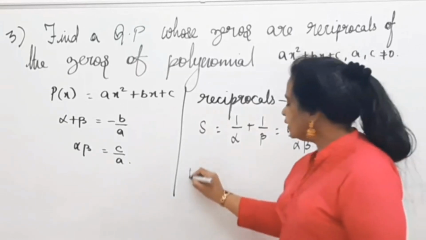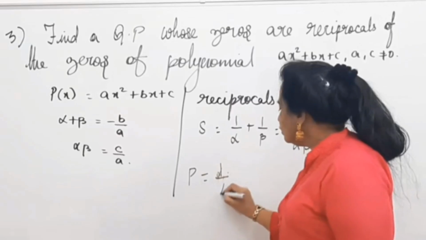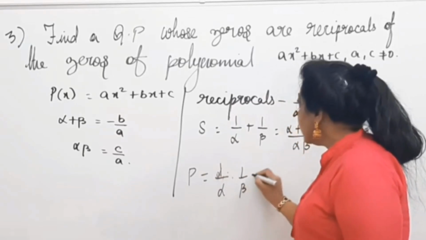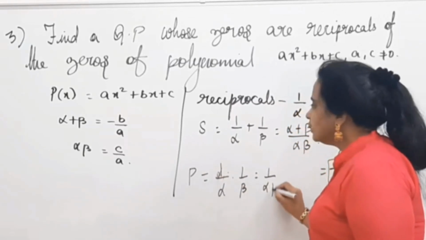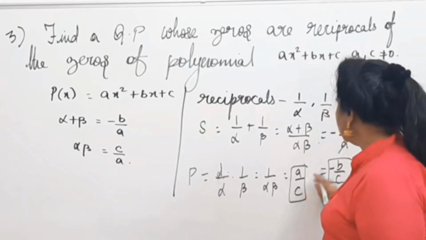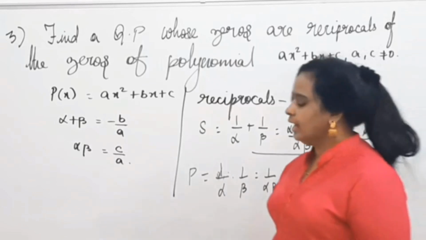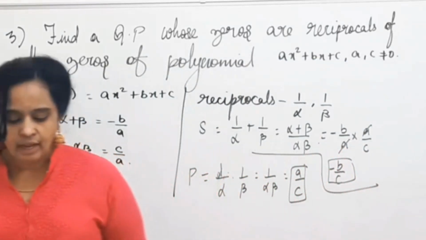And my product is equal to 1 by alpha into 1 by beta, which is equal to 1 by alpha beta. So that is equal to a by c. I got this also as the product. Now we move on to writing the polynomial.